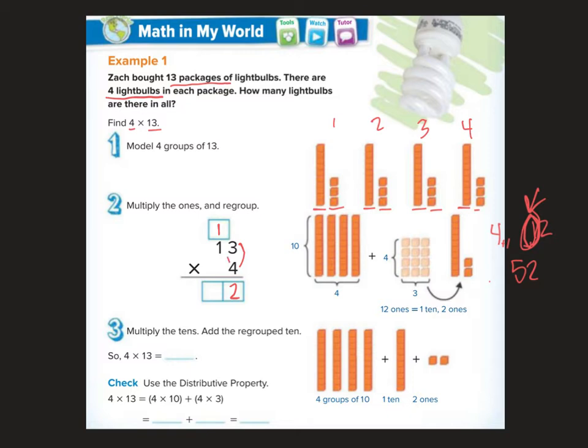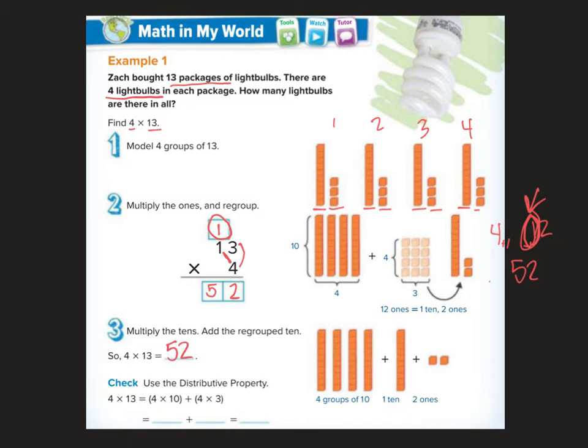Then I'm going to multiply 4 times 1, is 4. And then, just like addition, I'm going to add in my regrouped number. So I do 4 times 1 is 4, plus 1 more is 5. 52. So that means 4 times 13 is 52.